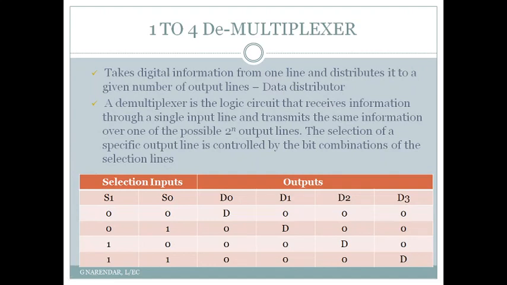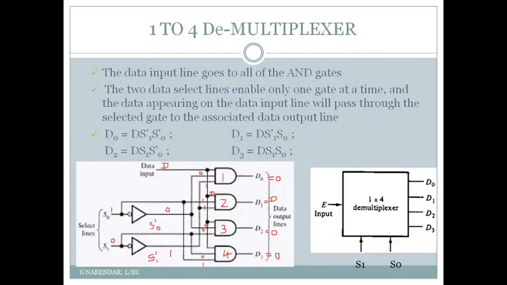And we explained the working of the demultiplexer by using a truth table. We constructed a truth table with the selection inputs and outputs, and we have seen that the various bit combinations for the selection lines will select one particular output channel, and the data that is present on the input channel will be transmitted to the selected output channel.